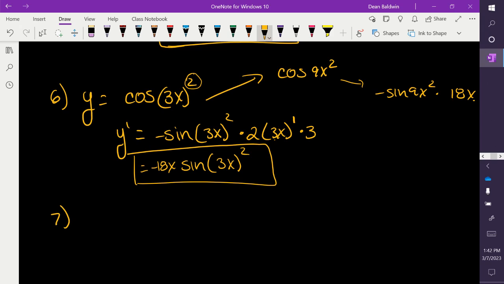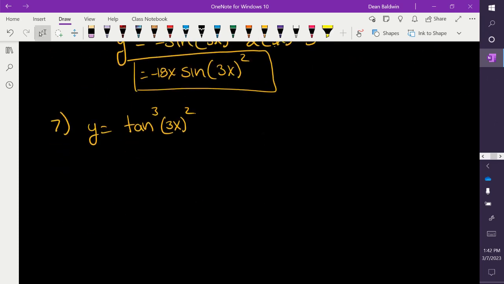Let's do y is equal to tan cubed 3x all squared. That looks like an 8, so let's make it a 3. There we go. It probably makes more sense to clear up the 3x squared and write it as 9x squared.